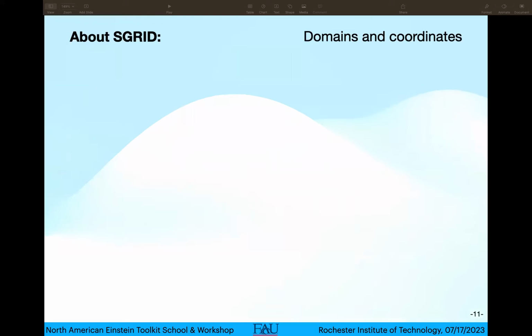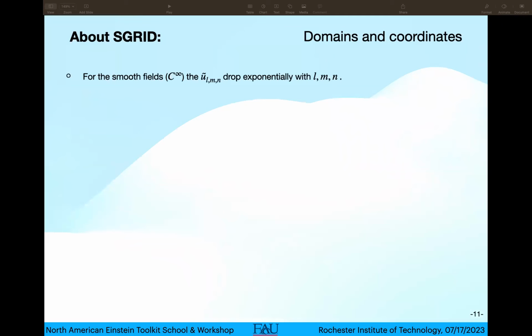So now because I mentioned the numerical grid, it is another important thing to underline that this kind of spectral code is very efficient because the coefficients drop down quite well, exponentially, with the number of points. But there is one restriction over here.